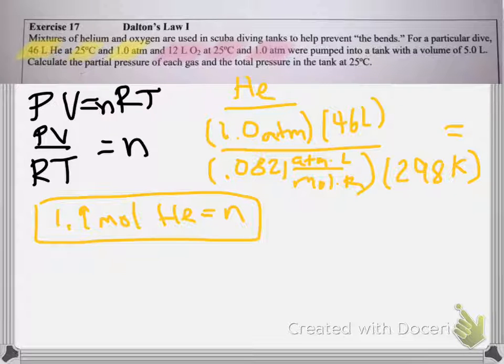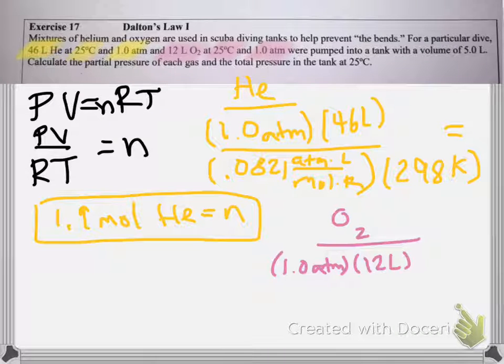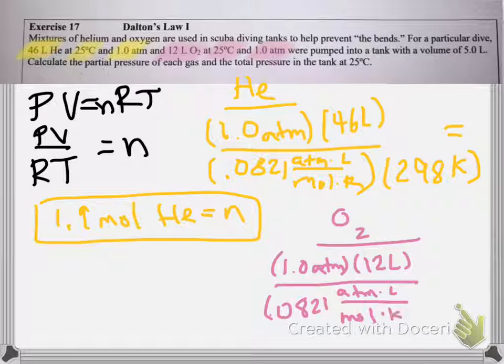So in this problem, we have helium gas and we have oxygen gas. Now we're going to do the same thing that we just did, but now we need to know how many moles of oxygen gas we have. Again, we are given our pressure, we are given our volume, divided by our R, which we are always given, atm, liters over mole Kelvin.